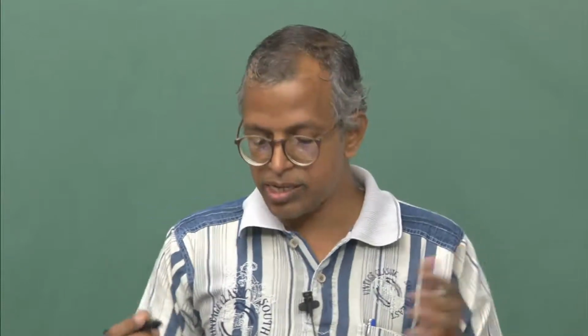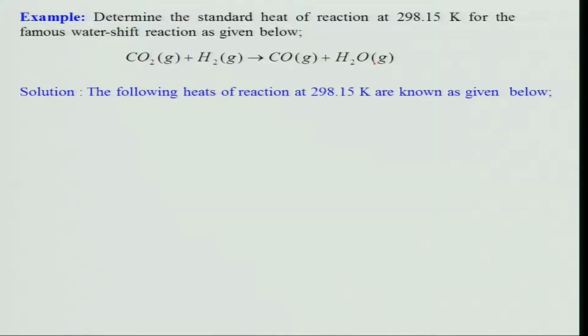Let us look at how we can get it, that is, the following heats of reaction at 298 known. For example, CO2 going to C plus O2, we know that. We also similarly know C plus half O2 going to CO, the carbon reacting with oxygen to give CO. And we know hydrogen reacting with half oxygen going to water.